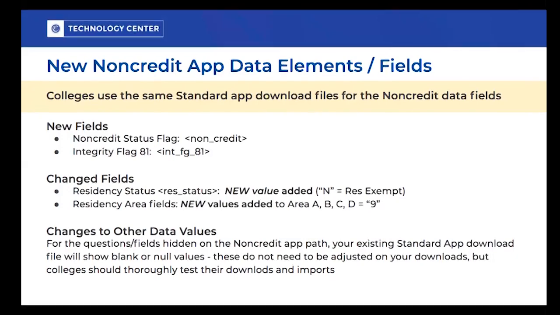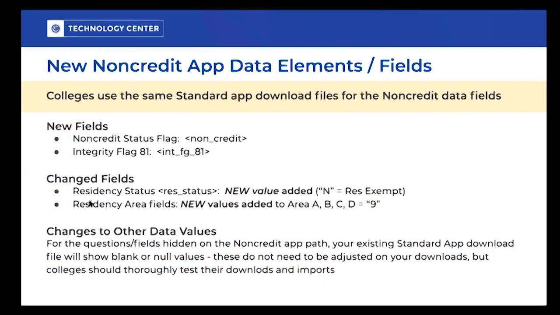Each one of those areas gets calculated with a value, and then all 4 area statuses are combined to make up the overall residency status value. Residency status has 3 values if you're using the standard app: 1, which is a resident, 2, which is a possible resident, and 3, which is a non-resident.